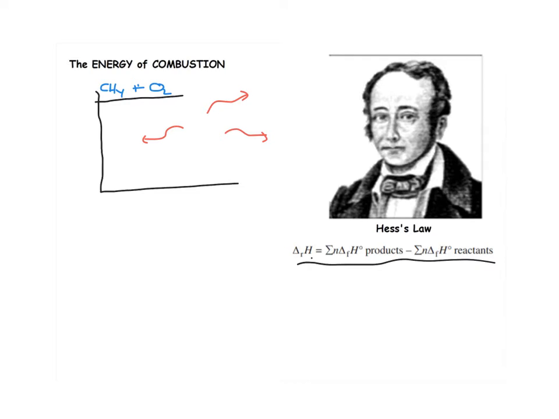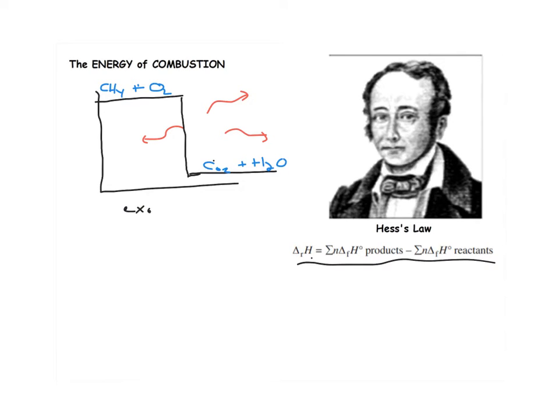So when these reactants react, they produce products. And because these reactants are releasing energy, these products have lower energy. So when we look at the carbon dioxide and the water that is produced, it has lower energy than what we started with. This is what a potential energy diagram would look like for an exothermic reaction.